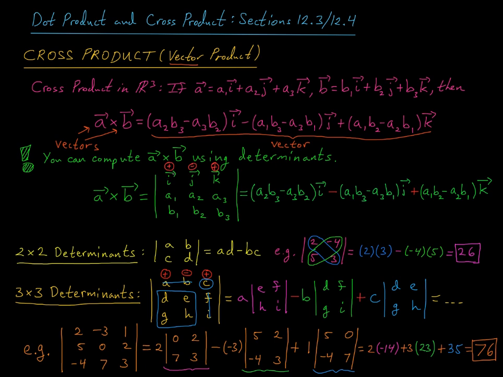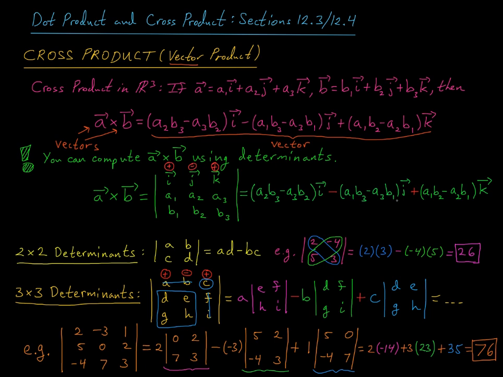So we start with i, which I'm going to put out in front just because it's a vector here. And so what's the coefficient of i? Well, I find that by deleting out column 1 and row 1, and that's going to leave me with computing this 2 by 2 determinant here. So A2B3 minus A3B2. Oh, okay, that's exactly what I had up here.